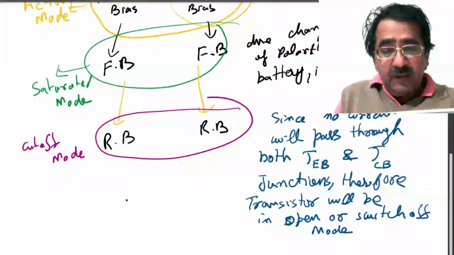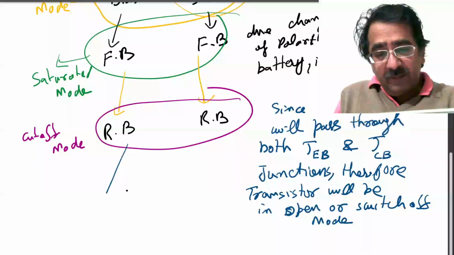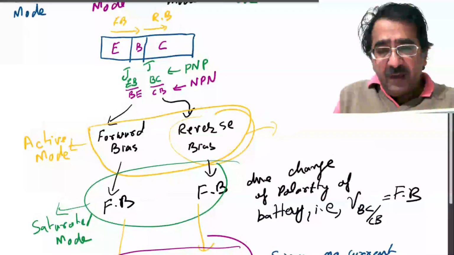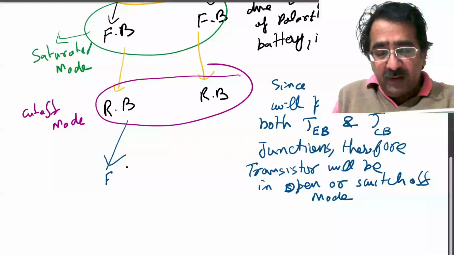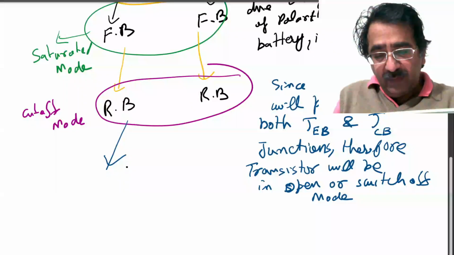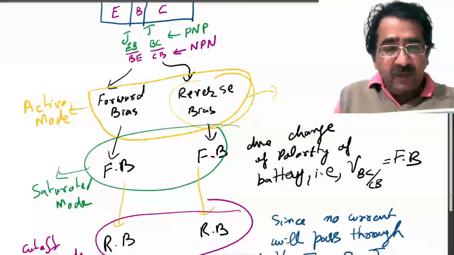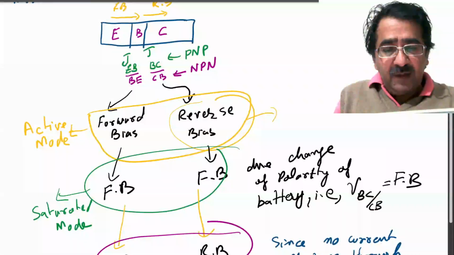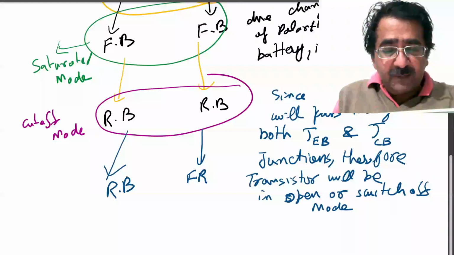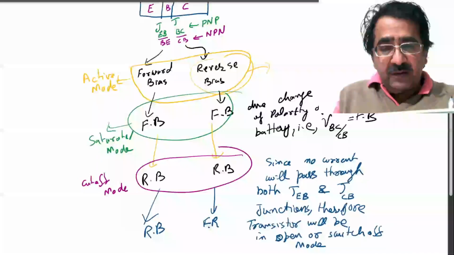Okay, but if the emitter-base junction becomes a reverse bias, and the collector-base junction becomes a forward bias, this will be the inverted saturation of the active mode.